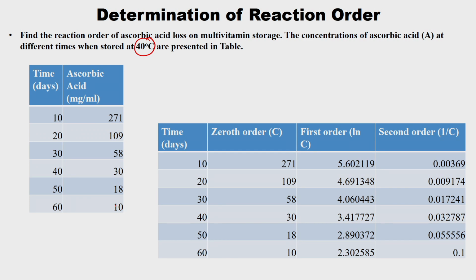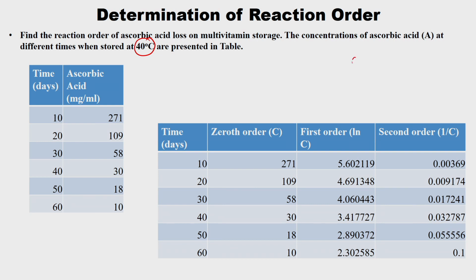So, these are the losses from the initial concentration; this is the final concentration of ascorbic acid. They asked us to find out which reaction order it follows. If you remember, what we have seen is Ca naught minus Ca equal to kt for the 0th order reaction.